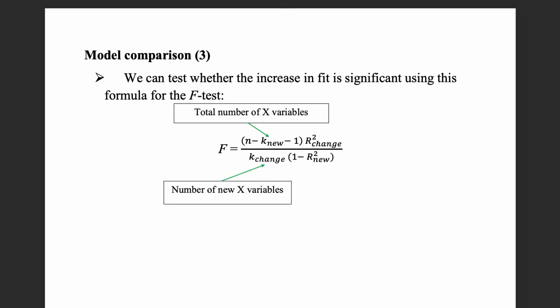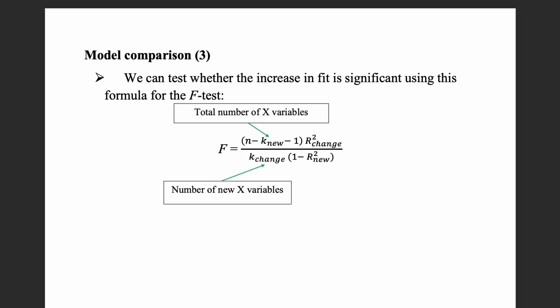So k new stands for the number of variables in our new, more complicated model, whereas k change stands for the difference in the number of x variables between our new model and our old, more simple model. So how many extra x variables do we have in the new model? By how much did this number k of x variables go up from the simple model to the more complicated model? In our case, we added just one extra independent variable, age, so the value for k change would be 1.